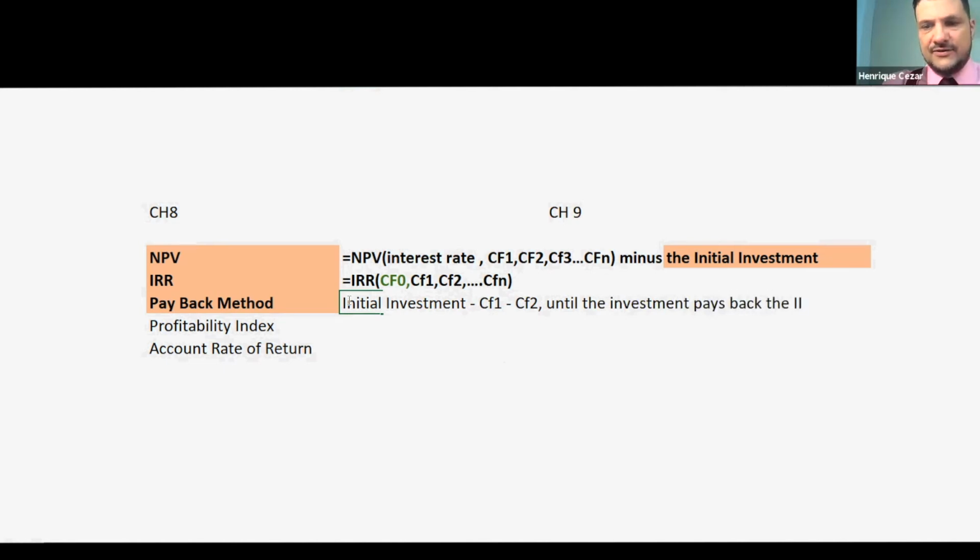II stands for initial investment. I'm going to write it down. Initial investment. That's more or less the idea here, okay? Take the initial investment, and then every year that you have a cash flow, you minus from the initial investment, keep on doing until you get to 0, means you recuperated your initial investment. That year is your payback year. That's when the investment pays back, and then you find if this is too long to wait or if it's appropriate to wait and make that decision.